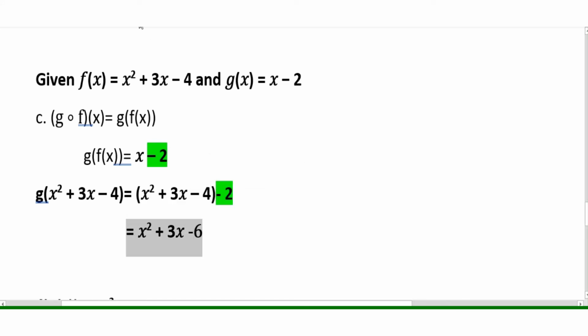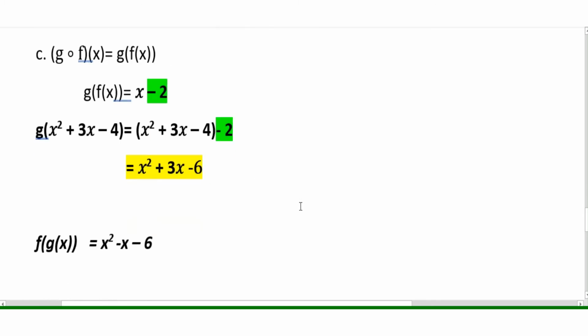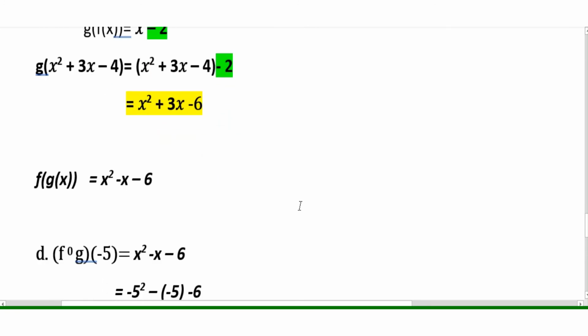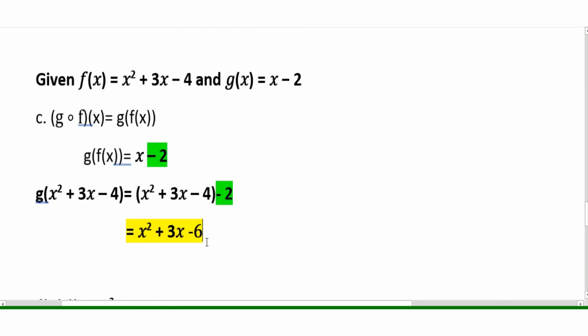So that's the overall new function or the composition of function of g and f. Okay? So, meaning to say, we have our new function, which is the GOF of x. So, susulat ko lang yan dyan para po maliwanag sa atin.